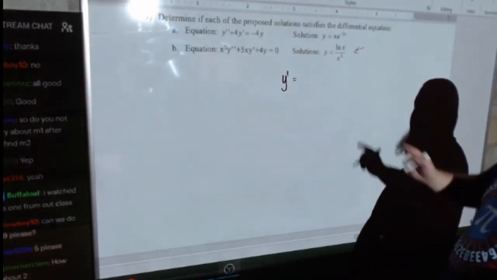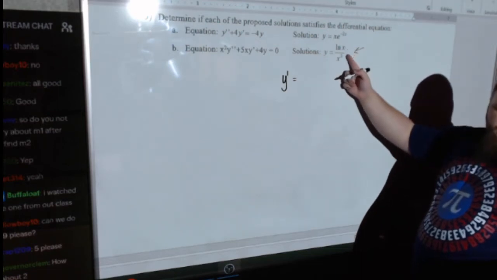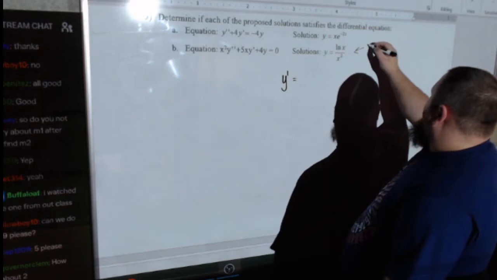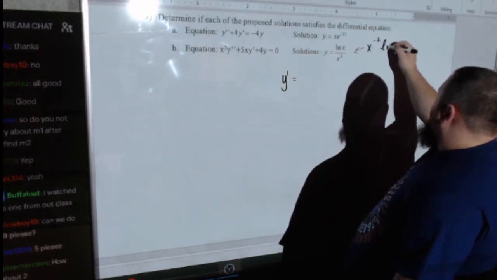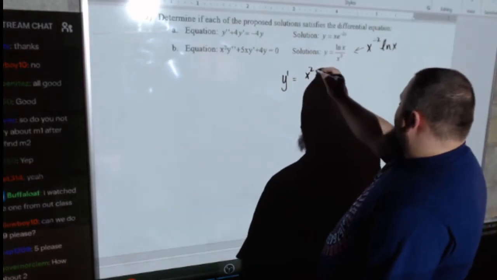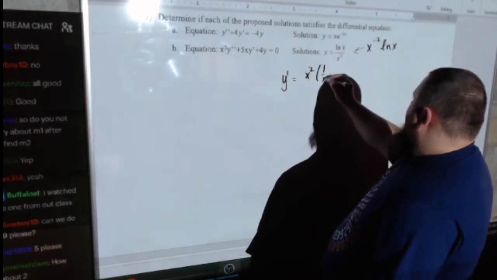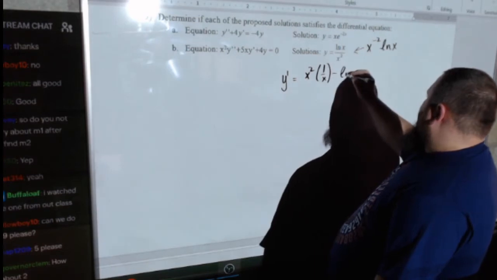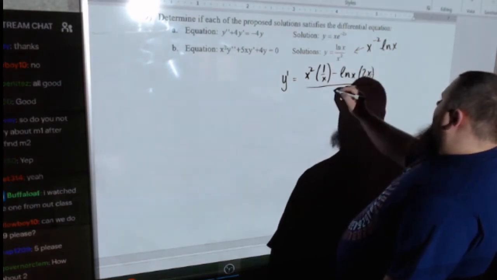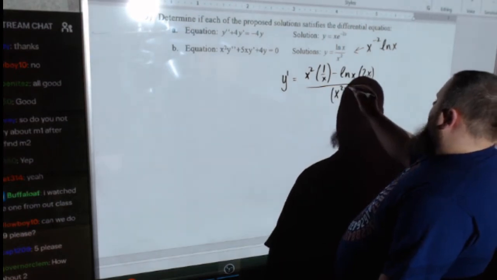So I need to take the derivative of natural log of x divided by x squared. If you really want, you could write it like this and do it as a product. I'm going to go ahead and do it as a quotient, I think. Let's see how it works out. So low d high minus high d low all over low squared.